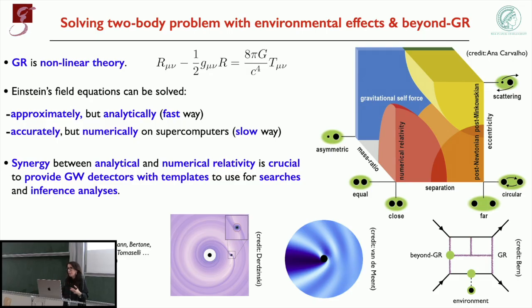And people have been using these tools to compute waveforms in alternative theories of GR or even with environmental effects. Okay? But of course, we expect that these effects, including beyond GR, are quite small. So maybe we have to check this, but it's likely that in particular environmental effects will be important in the future. Okay, so now are there any questions?